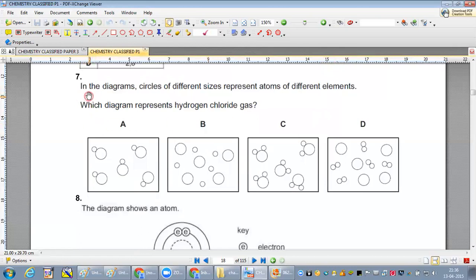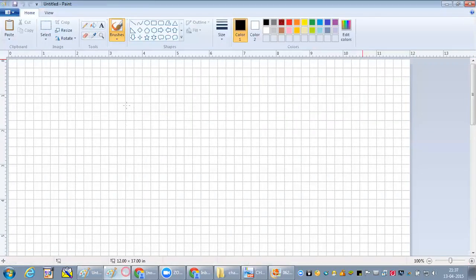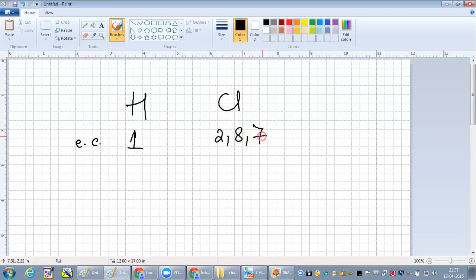Question number 7. In the diagram, circles of different sizes represent atoms of different elements. Which diagram represents hydrogen chloride gas? For that we must know the electronic configurations. Of course it's a covalent compound. Hydrogen's electronic configuration is 1 from the periodic table, and Cl has electronic configuration 2, 8, 7. Each will share one electron to make an octet state, and both will have valency 1, 1.